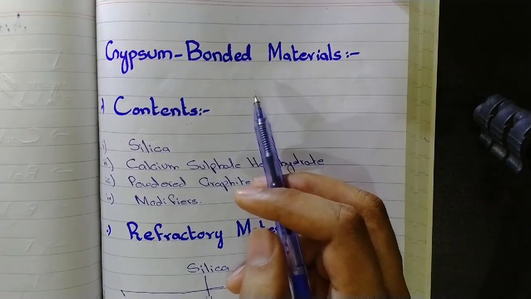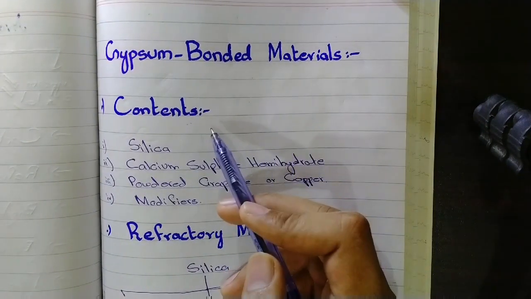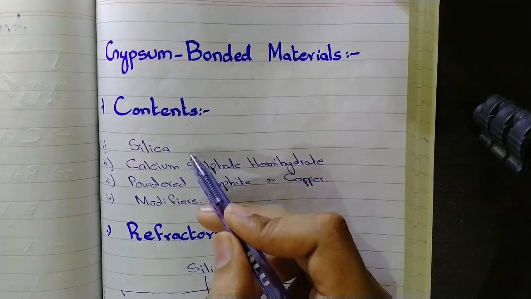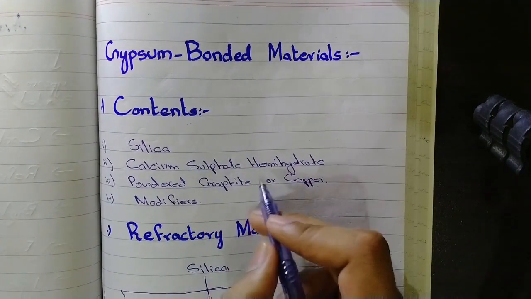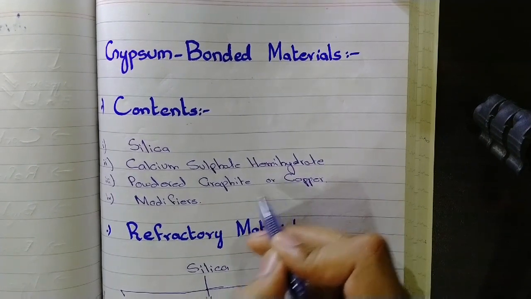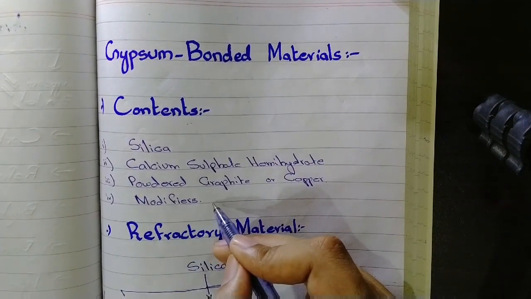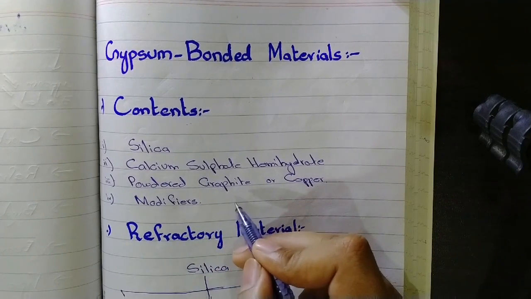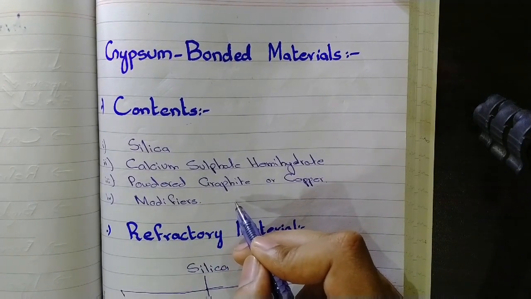The gypsum bonded materials contain silica, which is the refractory material, calcium sulfate hemihydrate, powdered graphite or copper, and modifiers which are used to control setting, expansion and contraction.